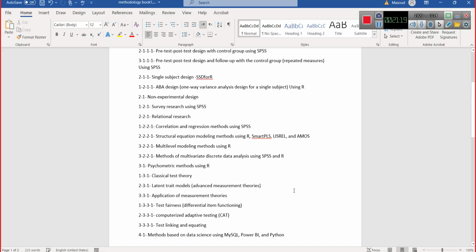All of these relational methods are limited to measurements in a single level.